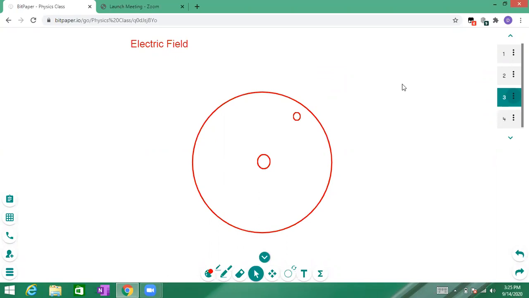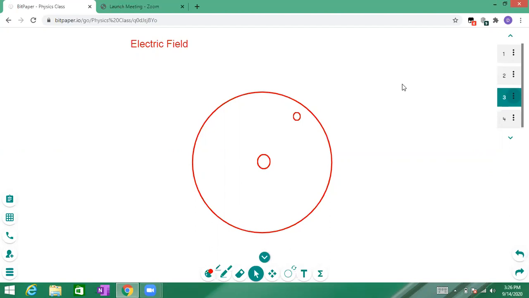We got that two charges apply equal forces on each other, and these are actually action-reaction forces. So the magnitude of the forces is the same, but the directions are opposite.